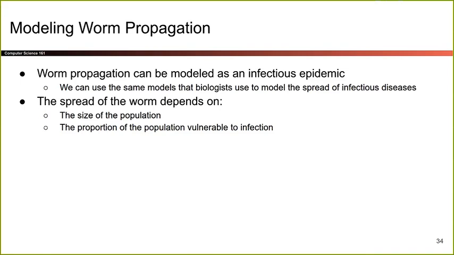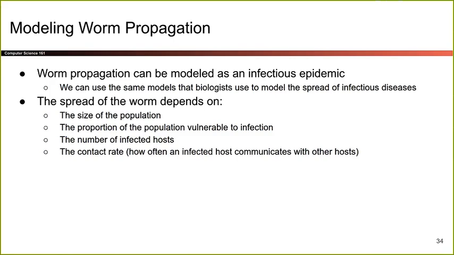And maybe with a virus or a worm, only computers running Windows are vulnerable, or only computers running this software. So we have to see how much of the population is actually vulnerable to being infected by this worm. And then it also depends on how many hosts so far have been infected. Like we said, the more hosts have been infected, the more hosts are spreading this worm, so the faster things can go up to a limit.